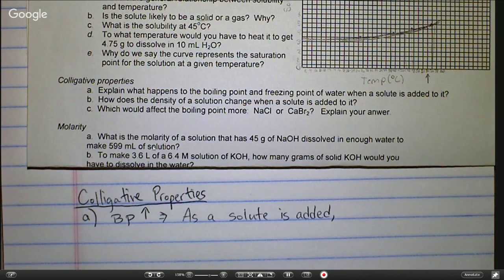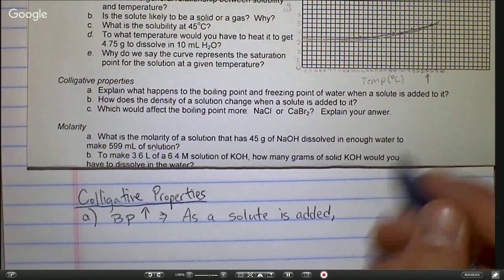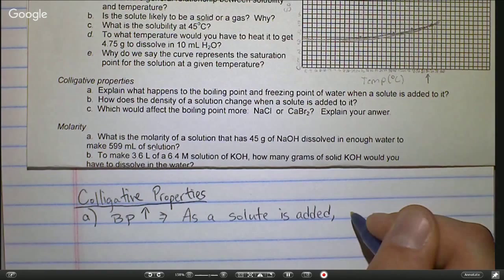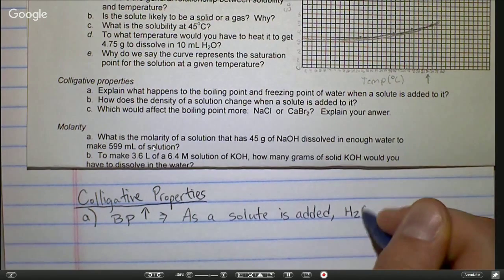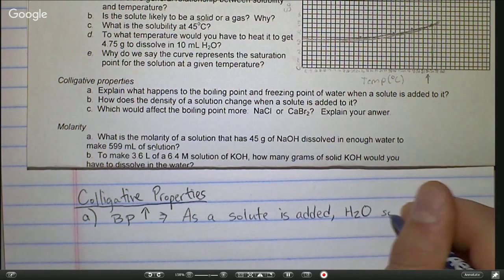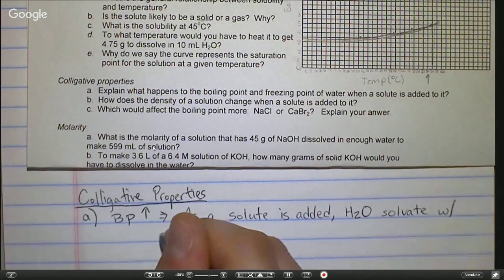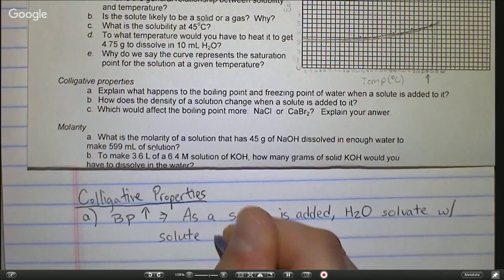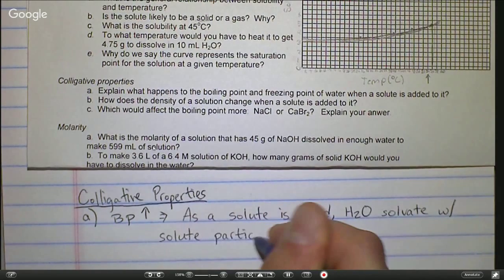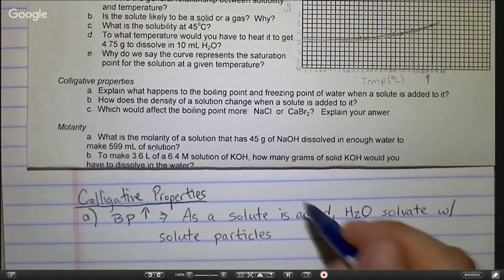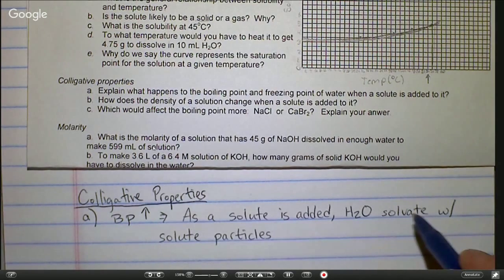So as a solute is added, water molecules solvate with solute particles. So solute is added, H2O solvates with solute particles.